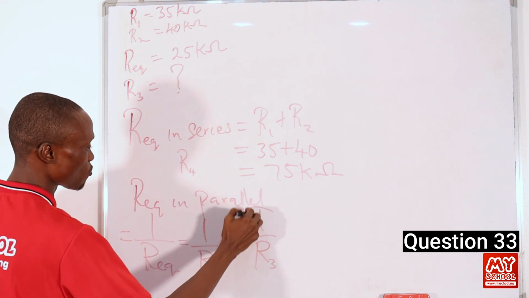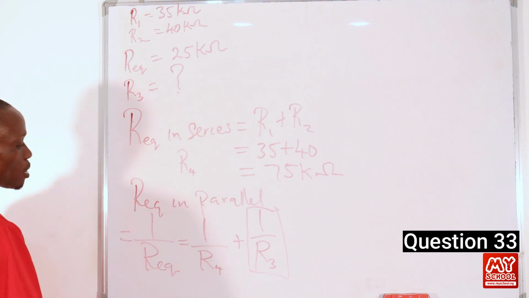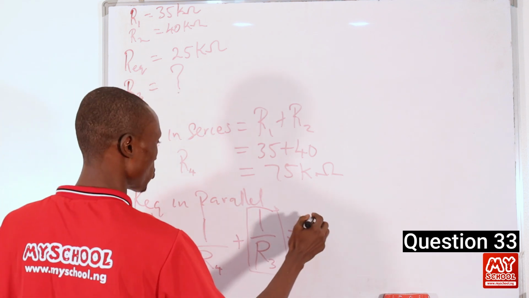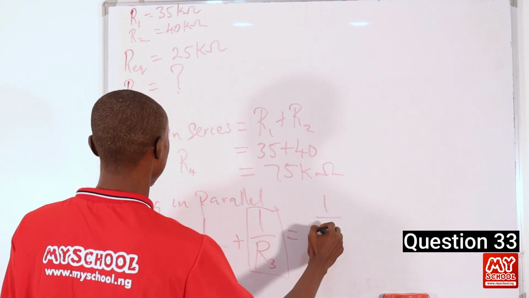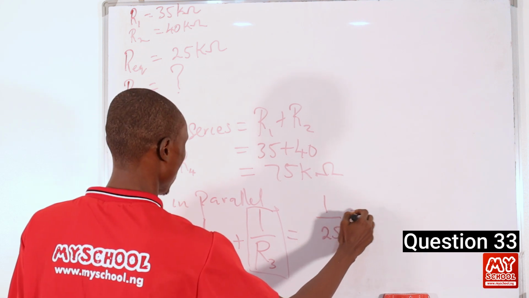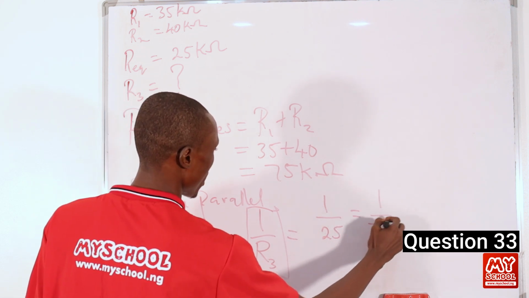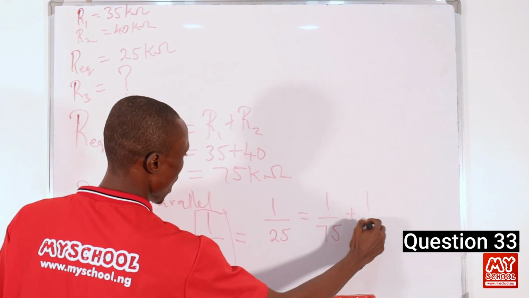We are actually looking for R3, and we know the other values. So let's put in the values: 1 over 25 is equal to 1 over 75 plus 1 over R3.